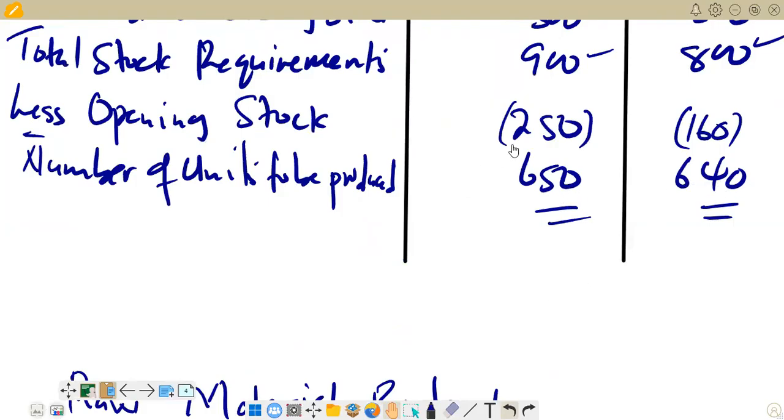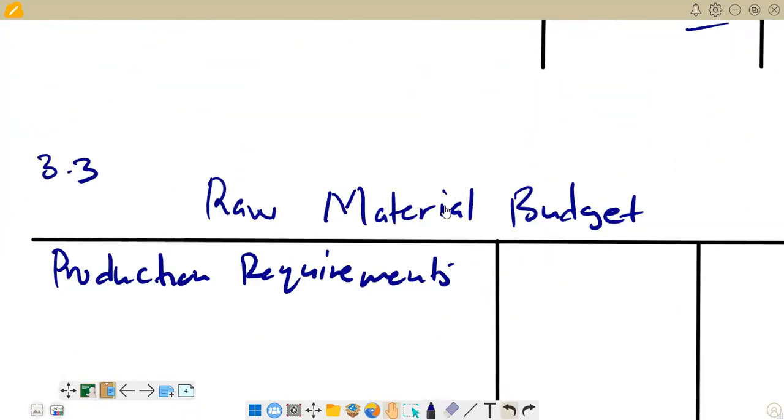In the raw material budget, we are not going to classify in terms of 3-seaters and 5-seaters, but we are going to integrate them and put them as one figure. So we are going to add these two figures, that is 650 plus 640, so that we get the total production requirements. If we say 650 plus 640, you get 1,290. So this is the figure that we are going to start with here in the raw material budget.